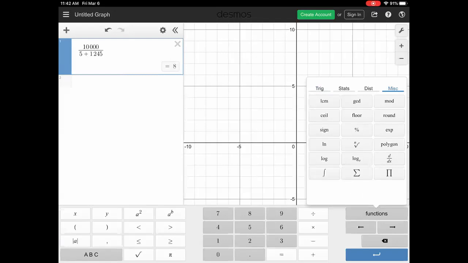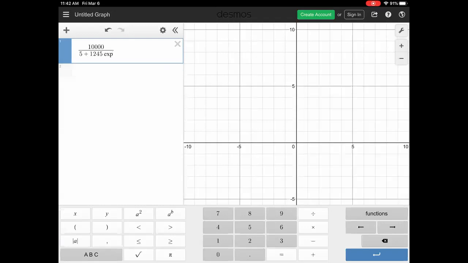Yeah, over here in the misc, you've got exp. What it wants is, in brackets, what the power is. That's pretty common if we use Excel or some other software: exp and then in brackets whatever the power is. And we want negative 0.97x, where x is our time.